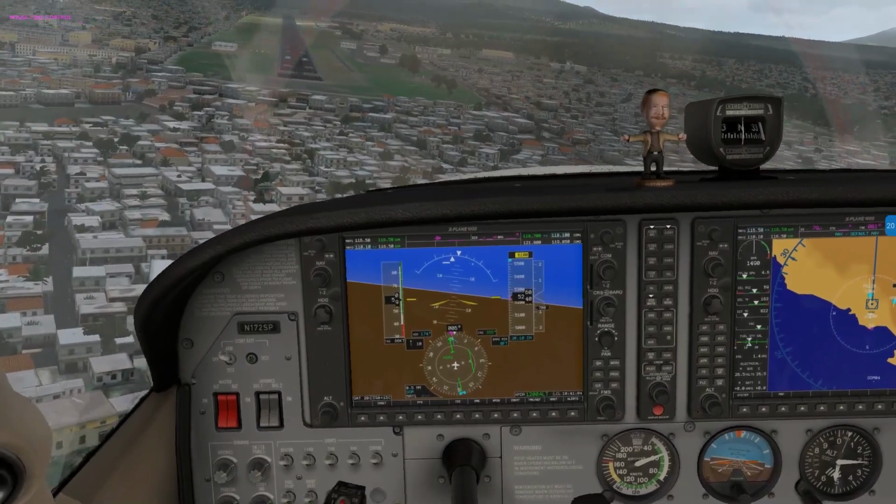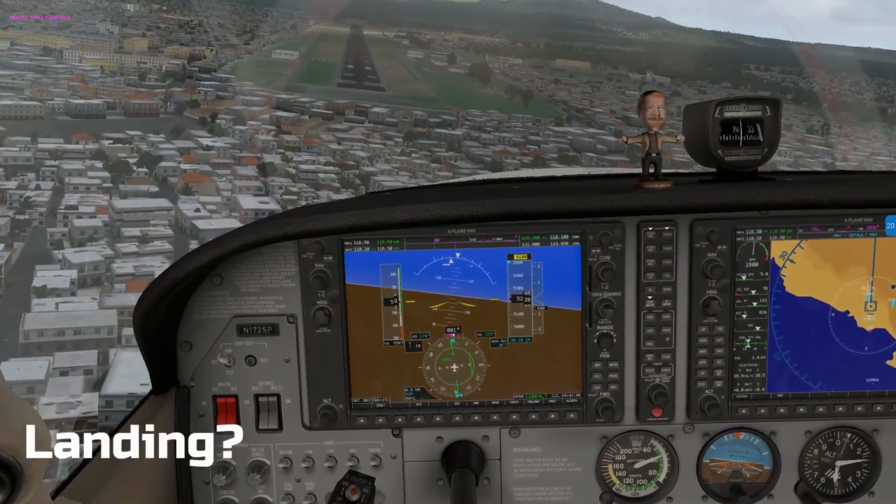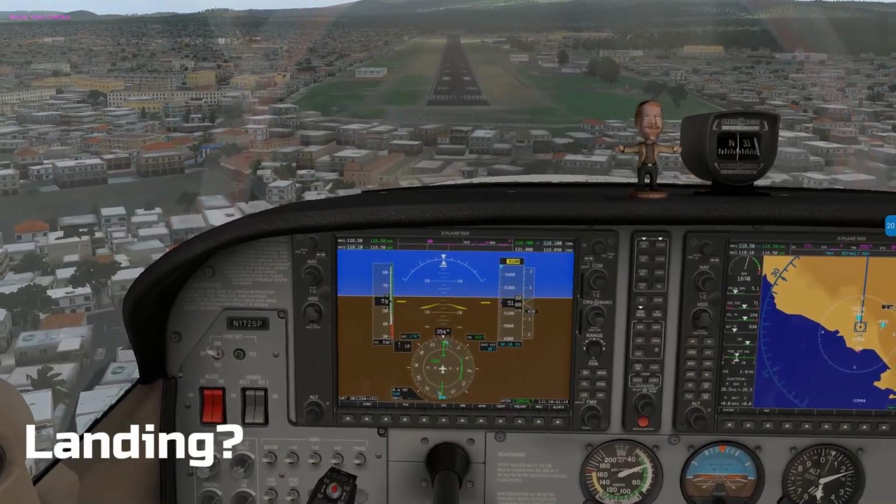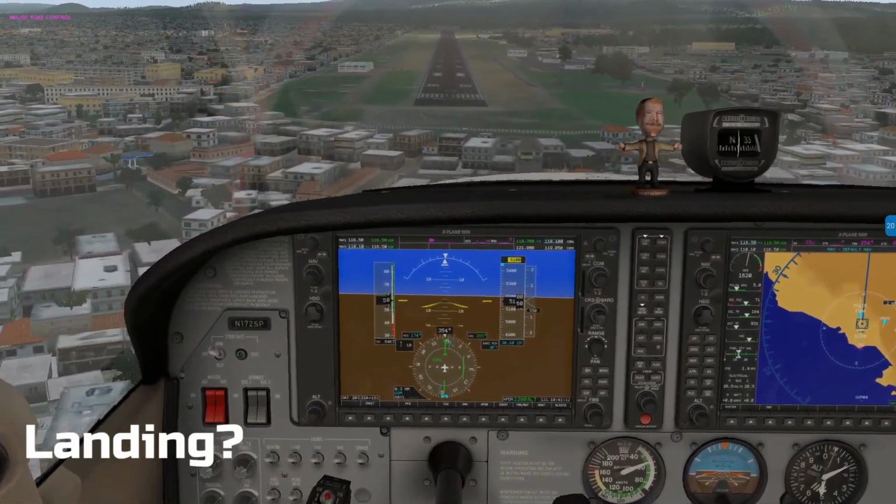Okay, lined up, a bit high but still fine. Target speed is around 60 knots. Alright, landing.